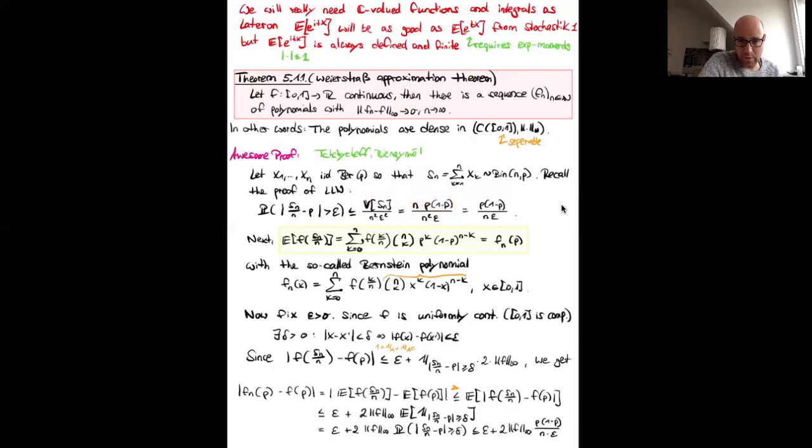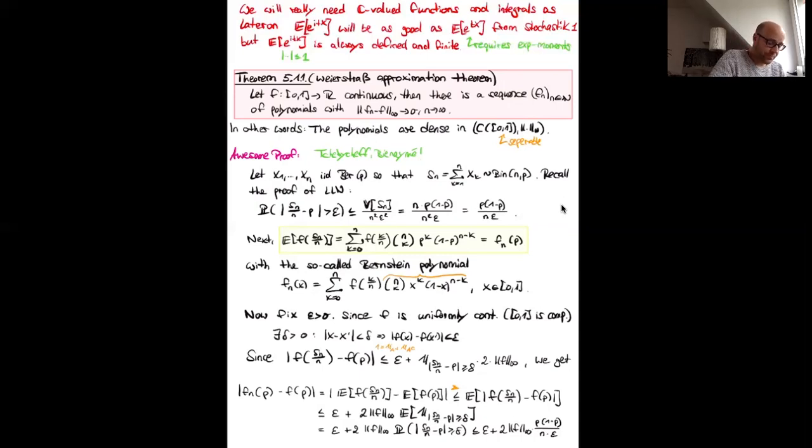Check the computation if you forgot. The variance is p times 1 minus p, divided by epsilon squared, which, canceling, gives p times 1 minus p divided by n times epsilon squared. So this is what we're going to need in a moment. Okay, we are not at all close to the Weierstrass approximation. And here comes the point why we are actually close to the Weierstrass approximation.